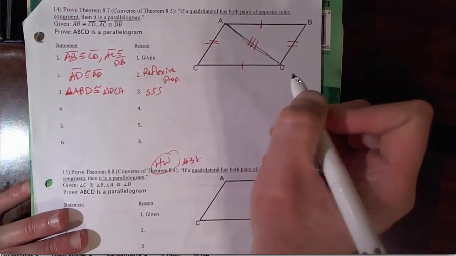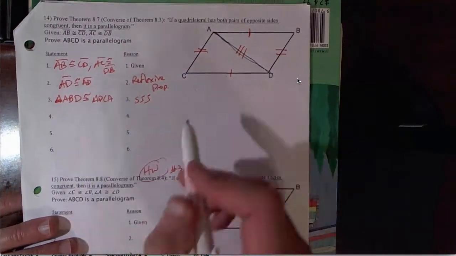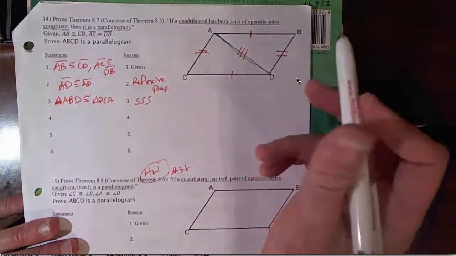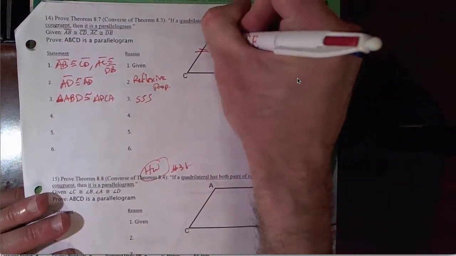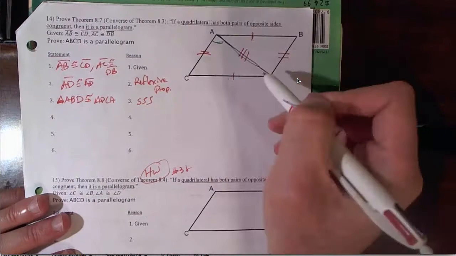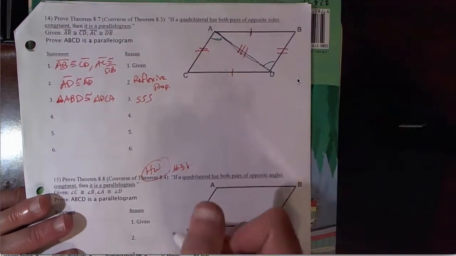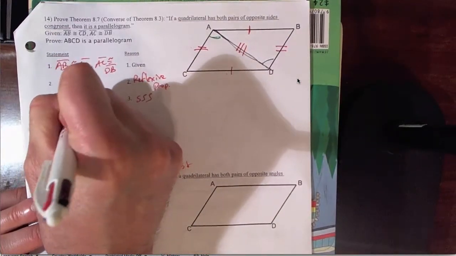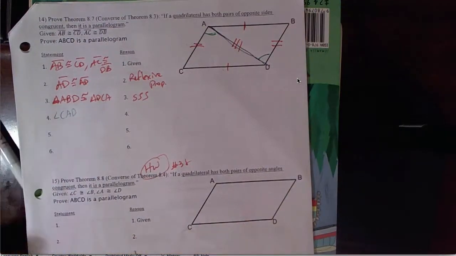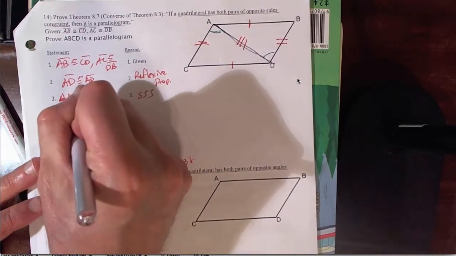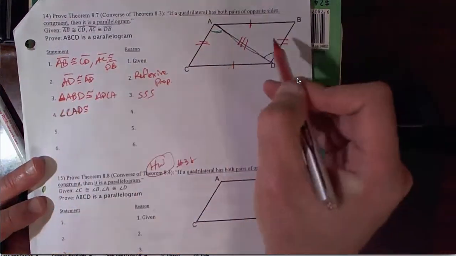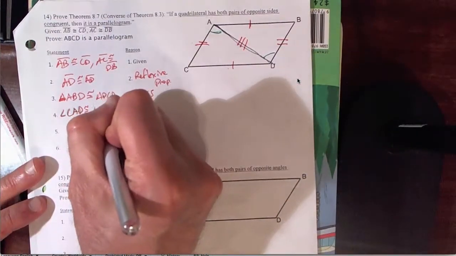Okay, you might be saying, well, why does that help us at all? Because once I've got that, notice that because the triangles are congruent, I can now say all of the parts are congruent. I could say these two angles here, but that's not as helpful. But watch what happens. I could say this angle here, angle CAD, is congruent to this angle here. So I'll say angle CAD, let's do it in red, CAD is congruent to BDA.